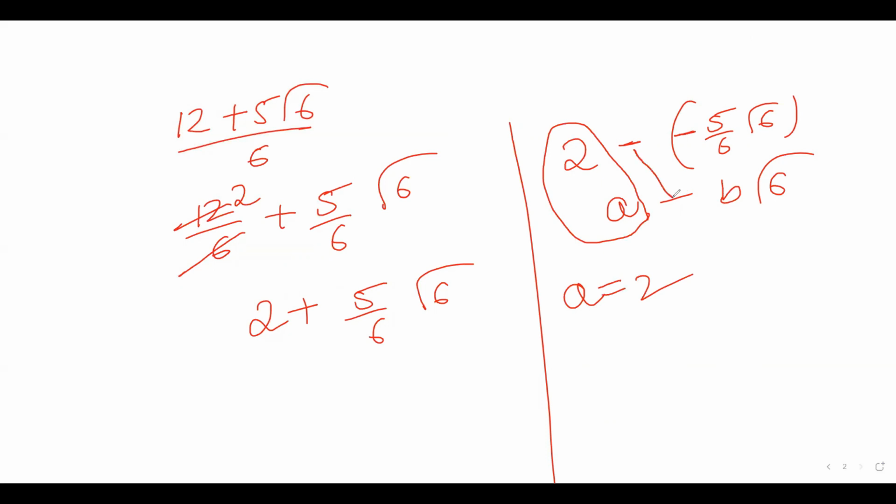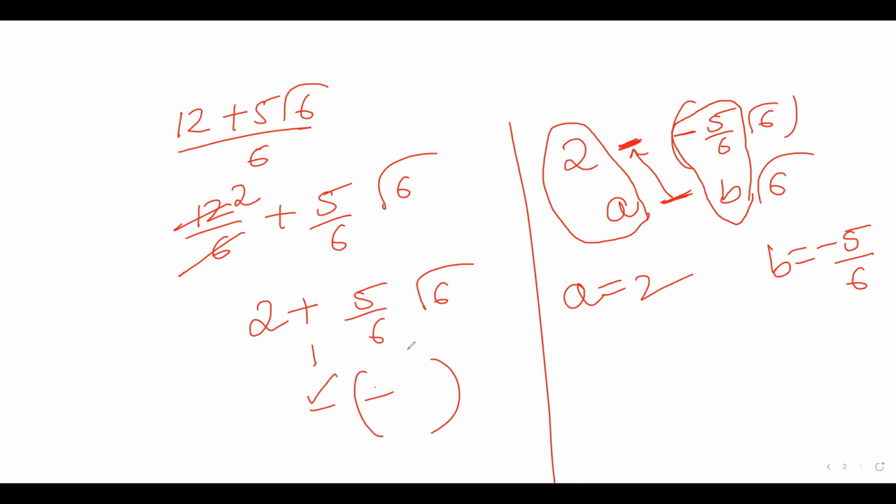Minus and minus coincide, both minus, and b value. How much is b value? Minus 5 by 6. So this plus is written as minus into minus. Why? Because minus into minus is plus. So that we can get the correct b value.